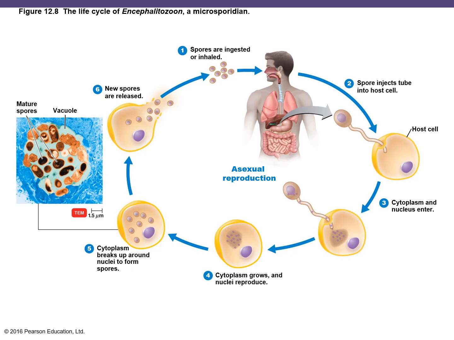E. intestinalis causes diarrhea, and sexual reproduction has not been observed in this fungus, so it only reproduces asexually.